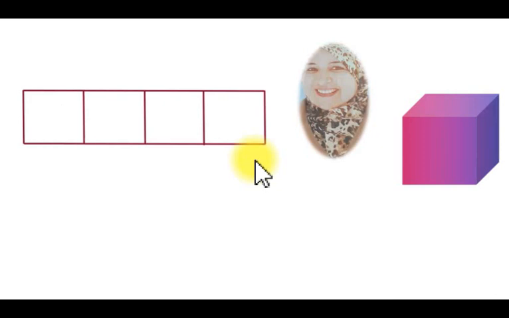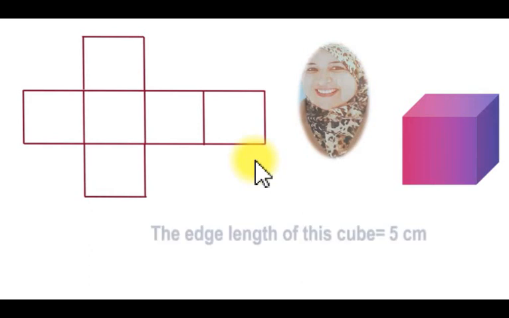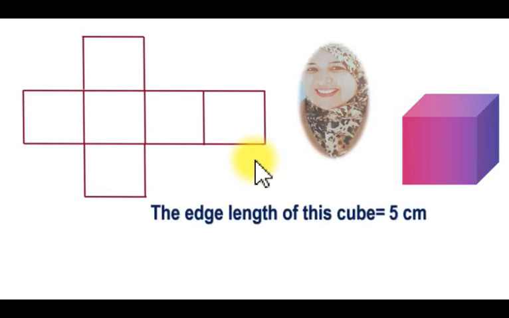Use your ruler again and use the set square again to draw 5 centimeters and another 5 centimeters, then close with 5 centimeters. Now we have to draw the last square down from those 2 squares with the side length 5 centimeters. This is the net of the cube. The edge length of this cube is 5 centimeters.